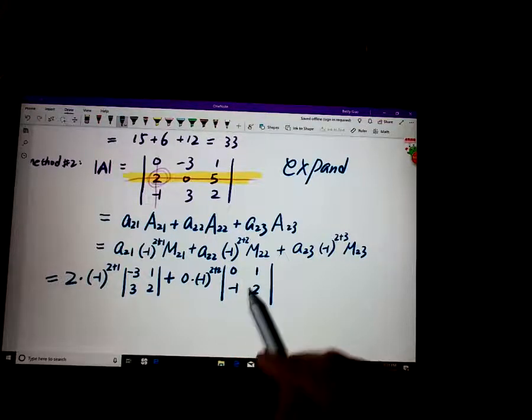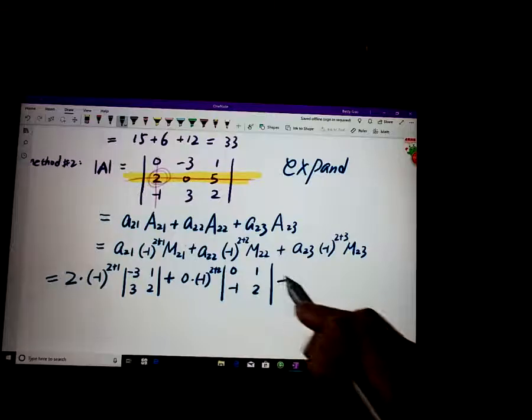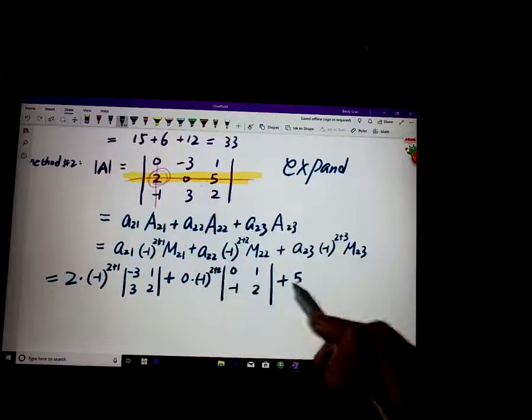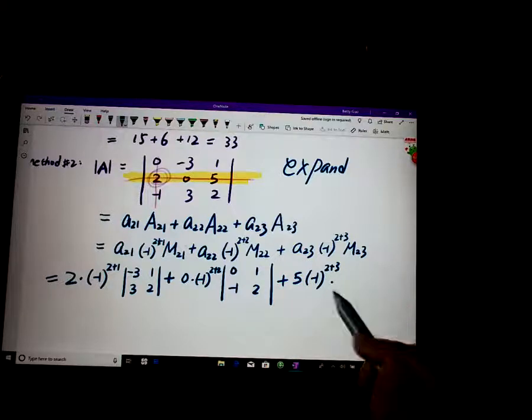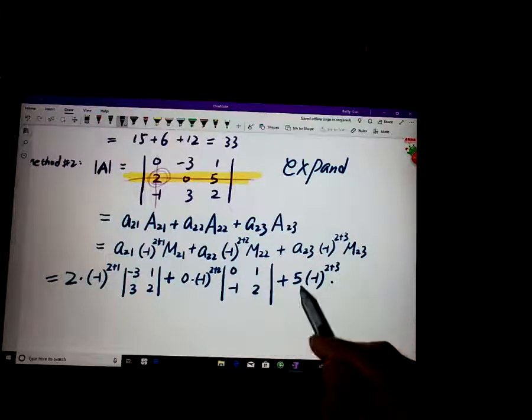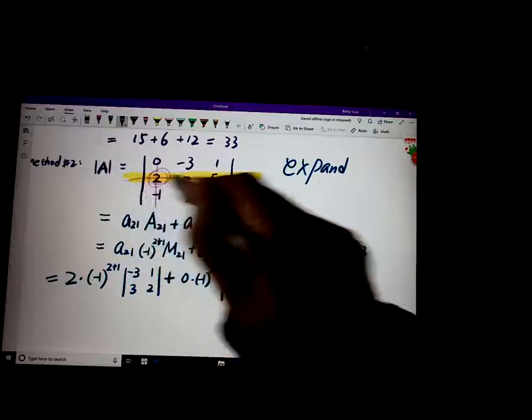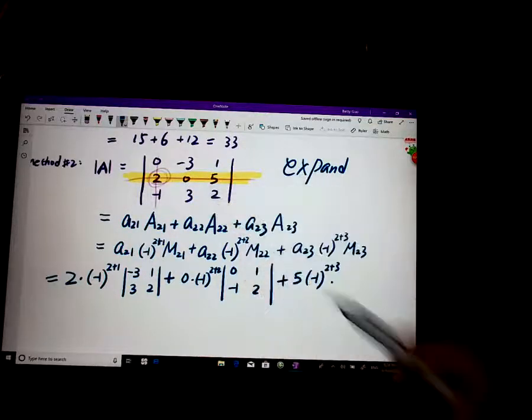Right? That's the minor of the entry 0, plus entry 5 times the sign -1 to the power of 2 plus 3, multiplied by the minor of entry 5. You cross out row 2 and column 3.